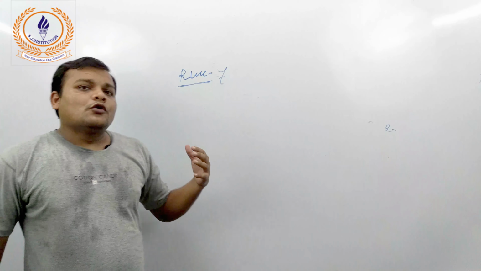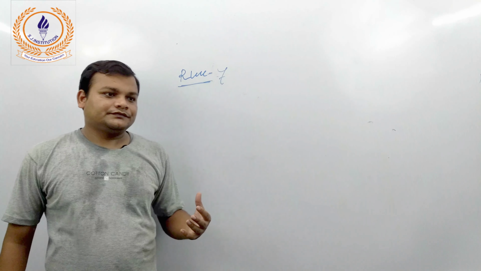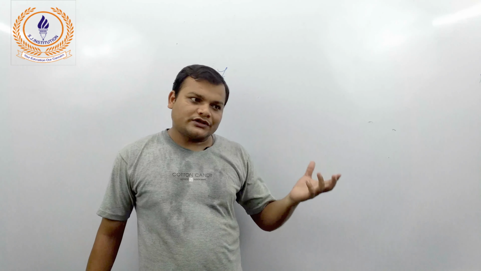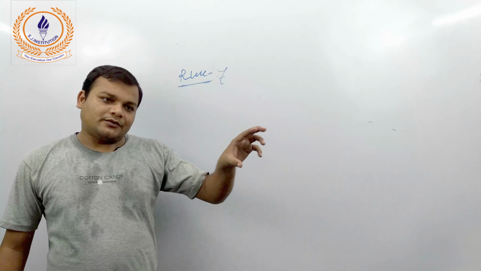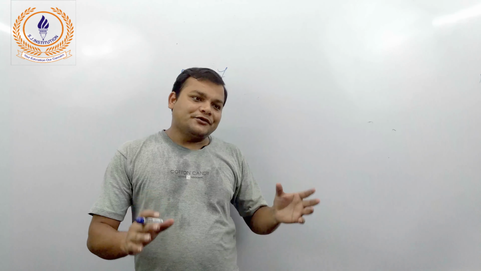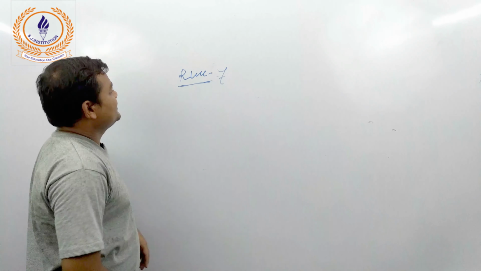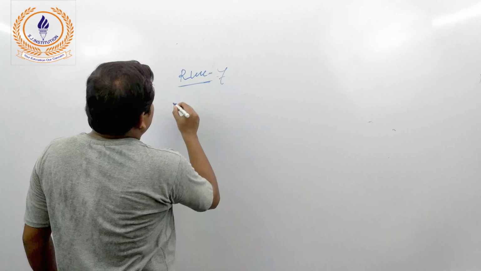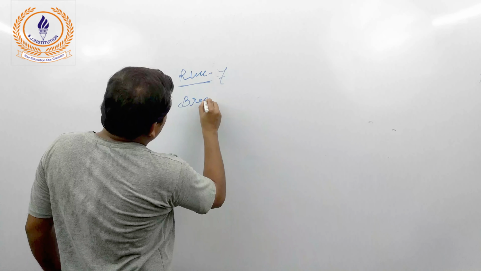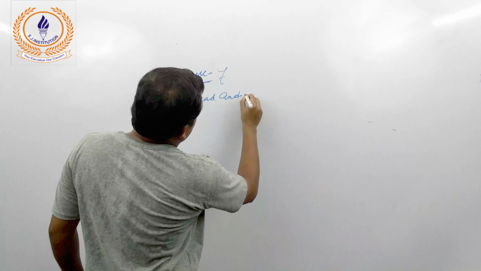Rule 7. When two nouns are not almost identical in meaning but part of the same idea and are used as a phrase in a sentence, the verb must be singular. For example, bread and butter.